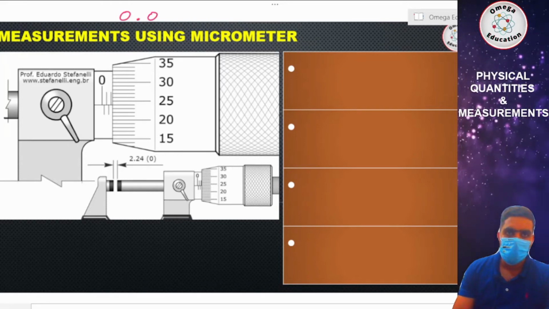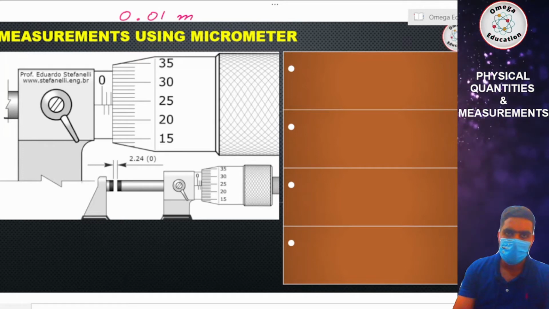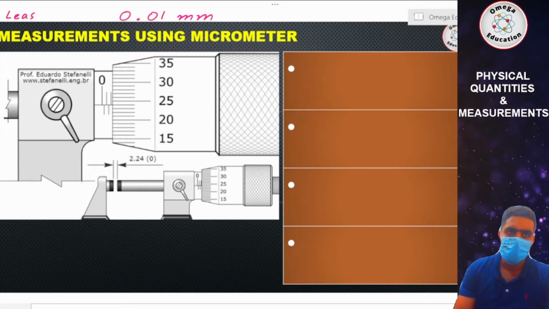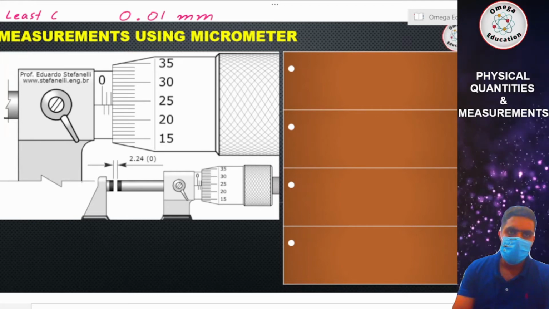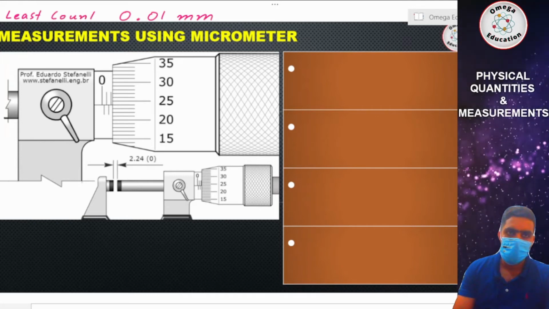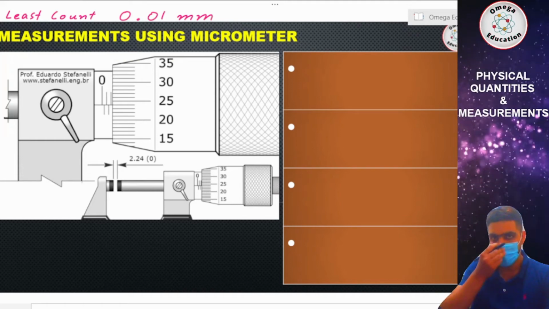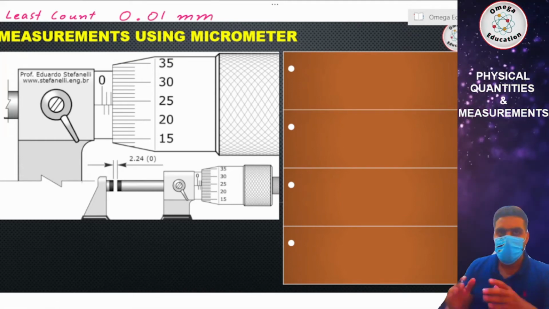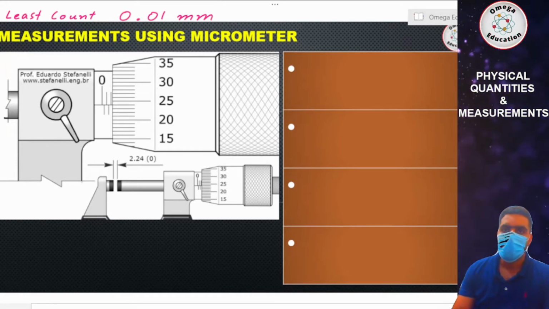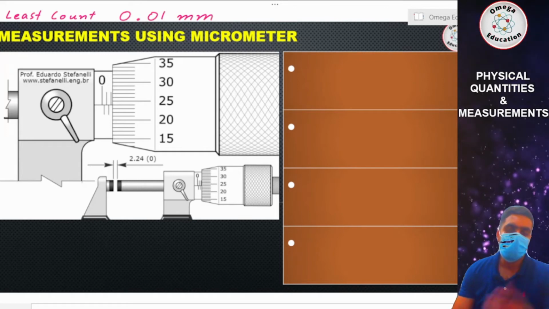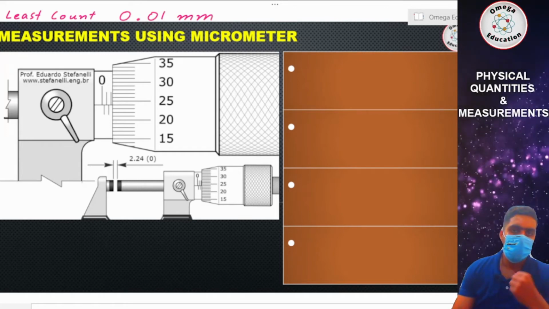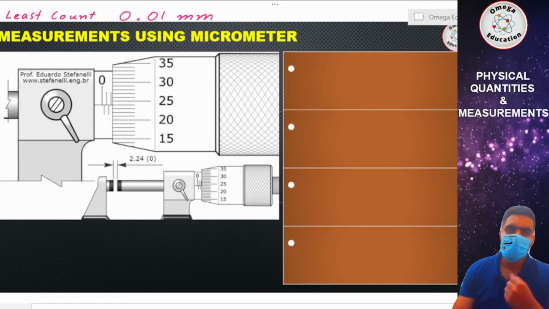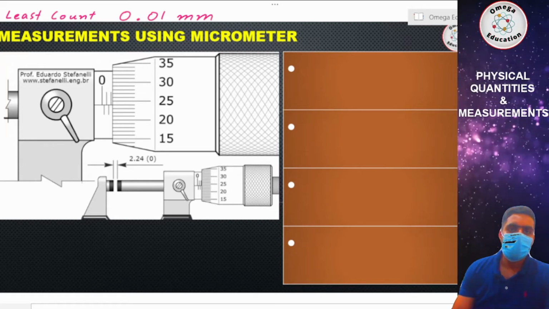What do we mean by that? What we mean is it can measure a minimum of 0.01 millimeters accurately. Anything that is smaller than that, let's say we have a wire, or we have a sheet of paper, 2 or 3 papers whose thickness is not even 0.01 millimeters, we cannot accurately measure that one.